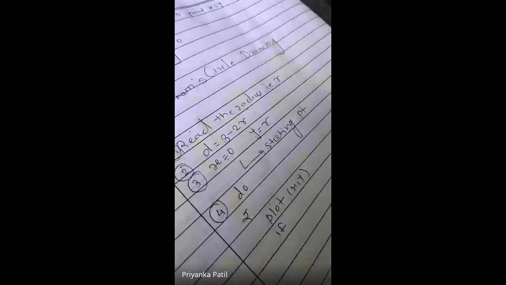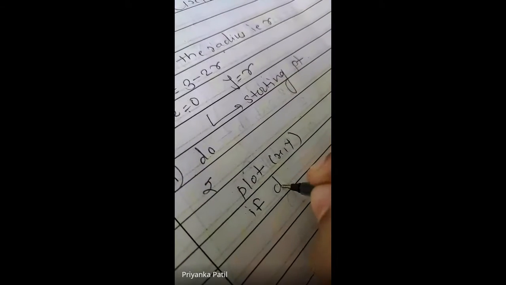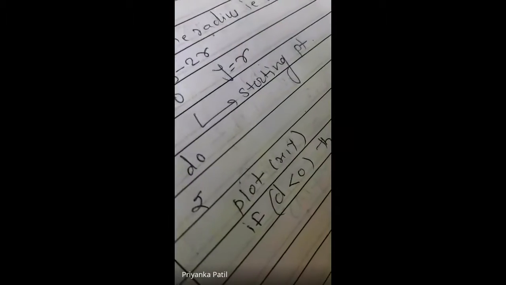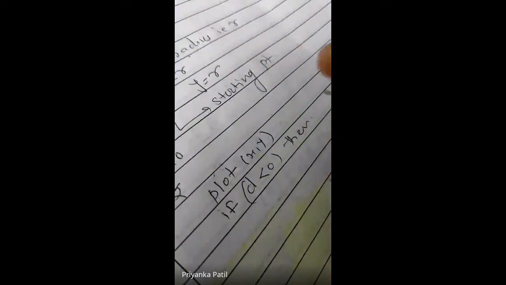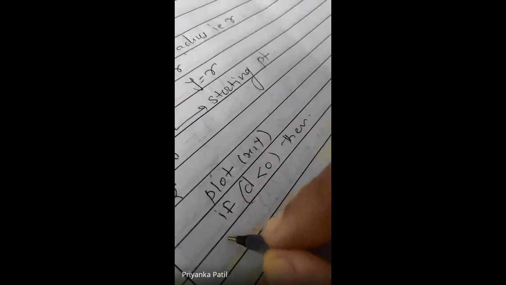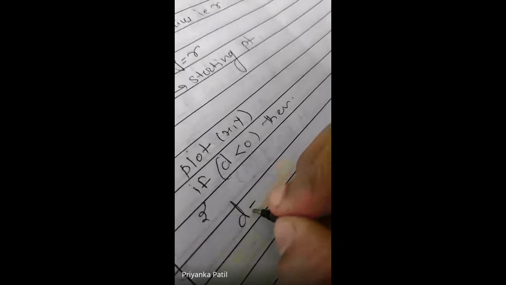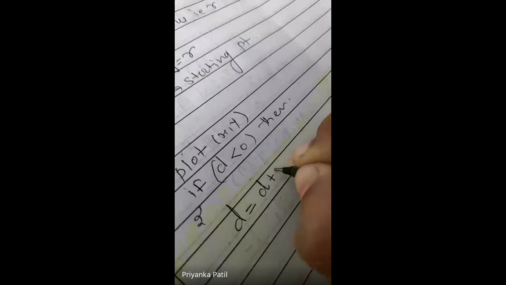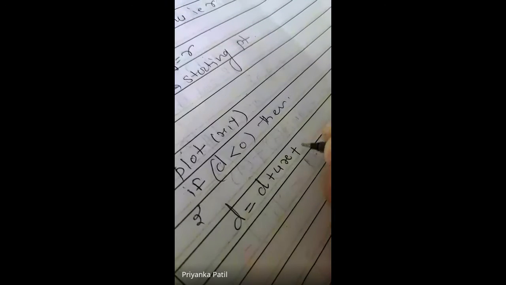If the distance variable is less than 0, then we do not need to decrement the y value, we only increase the x value. So the formula for the new decision variable is d equal to old d plus 4x plus 6.